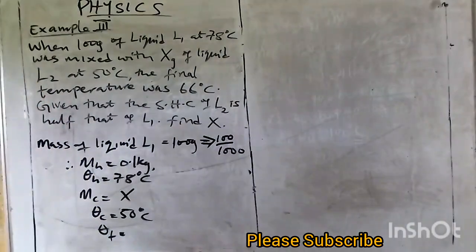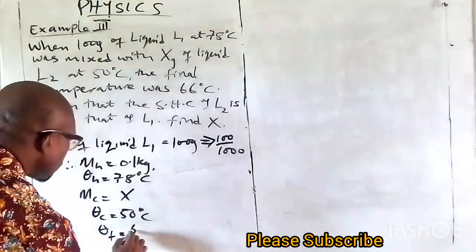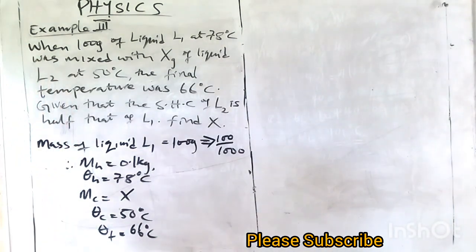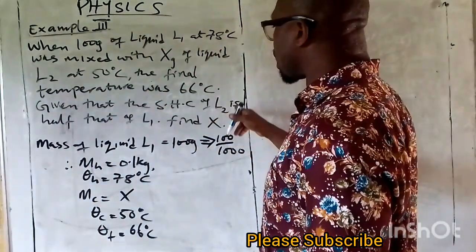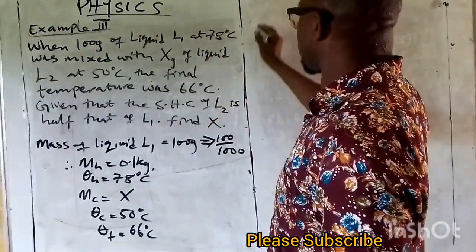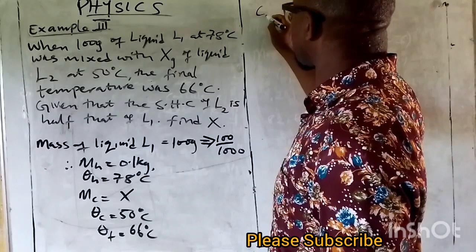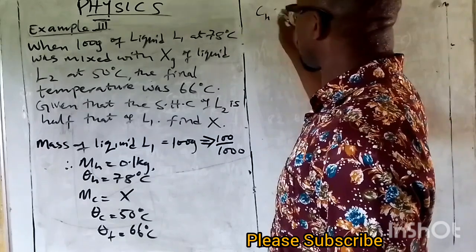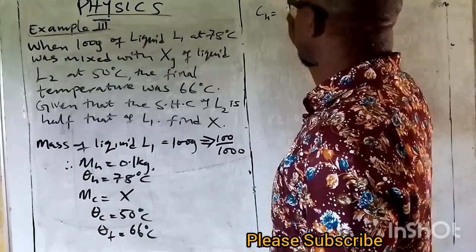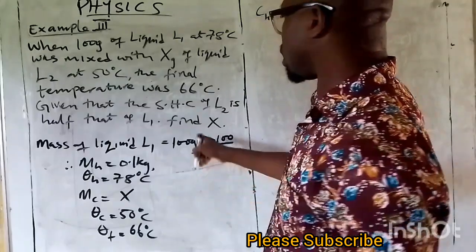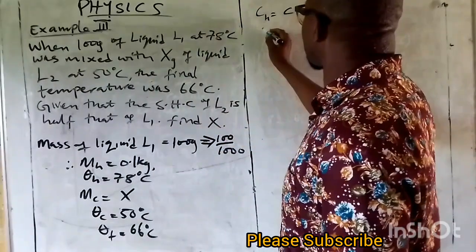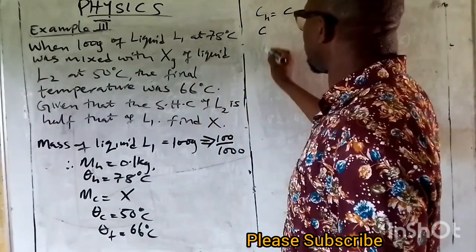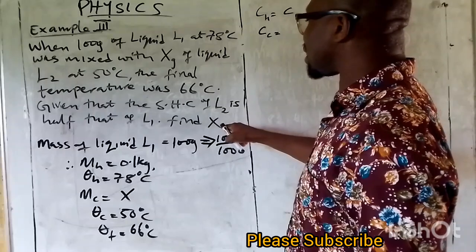Now, the final temperature, theta F, is 66 degrees Celsius. Here, given that the specific heat capacity of the hot one is C, the specific heat capacity of the cold one, which is the second one, is half of the other one.